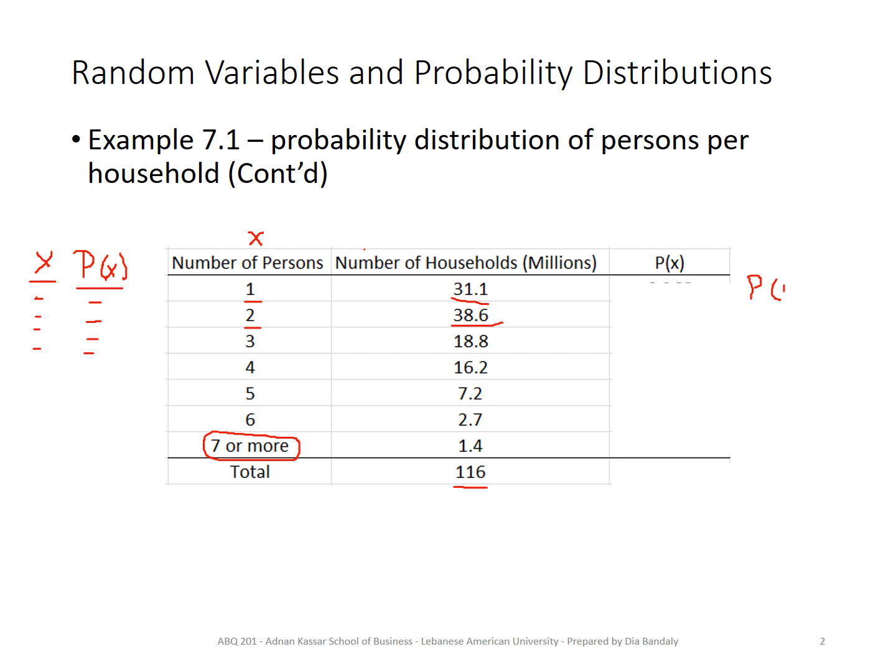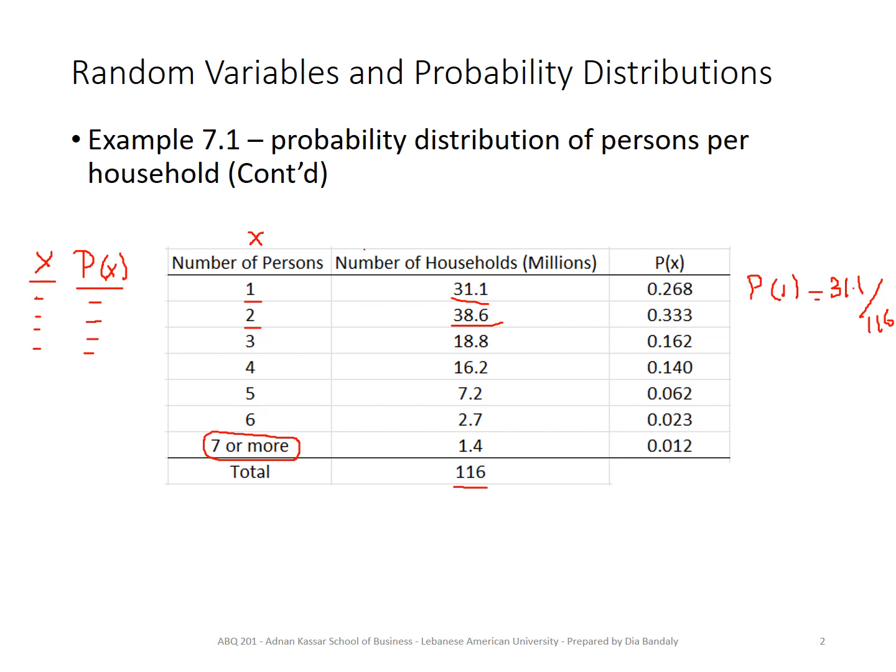P of 1 is the relative frequency, which is the number of observations who answered 1, 31.1, divided by the total, which is 116, the total number of people that were surveyed. This will give me 0.268, and I'm showing you all the other answers.